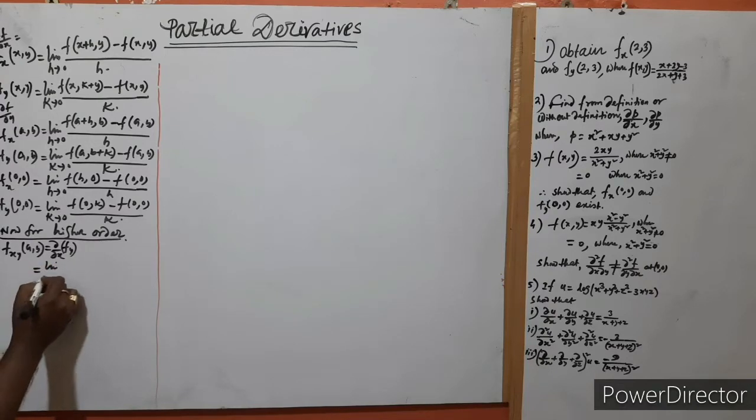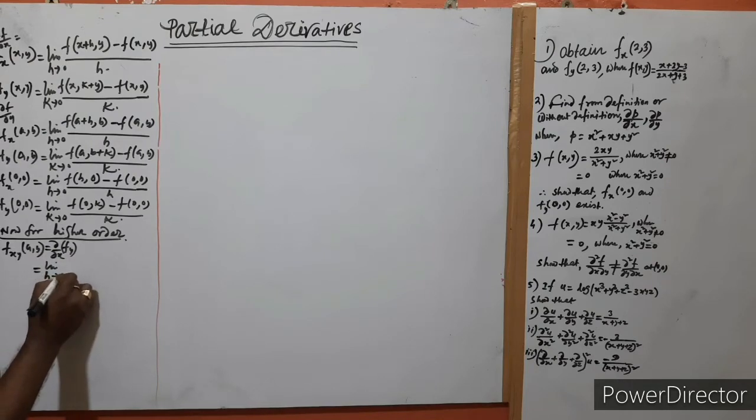This is with respect to x, so that is why h tends to 0.